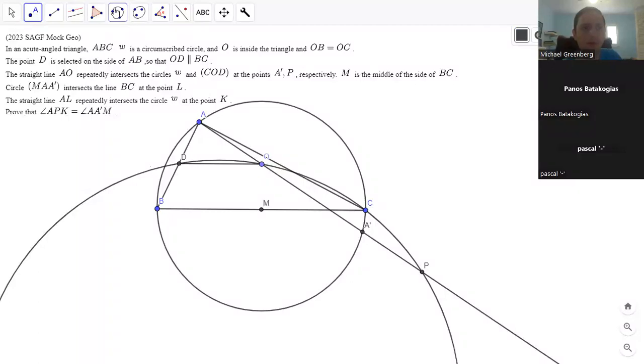And we have M, and then we have M, A, and A prime.